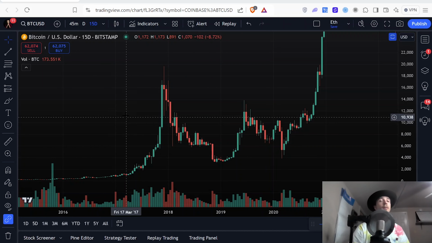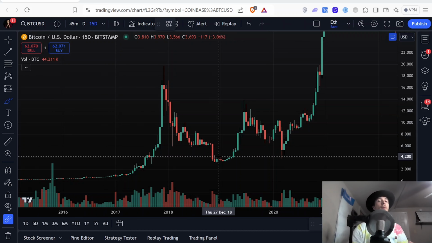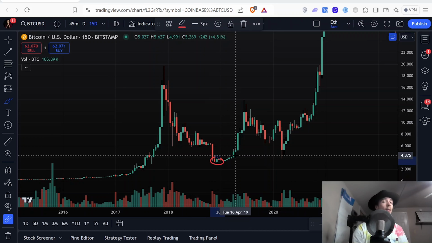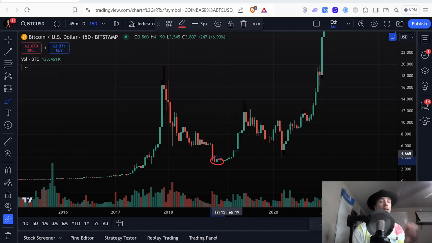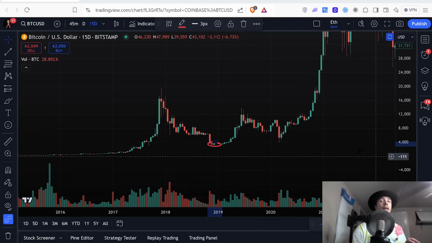So market cycles is one of the most powerful things that I've ever learned in my trading and my investing, to play the cycle. Down here, when people were panic selling their crypto, I was buying. I was telling people to buy. I was buying. Why? Because of the market cycle. I knew it was super undervalued right here. And it was. Bitcoin broke out all the way to 69K.